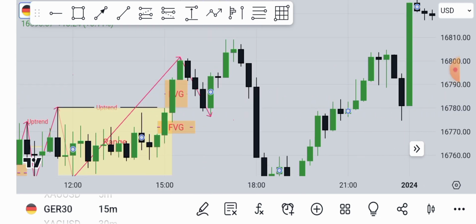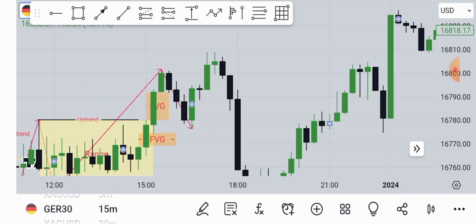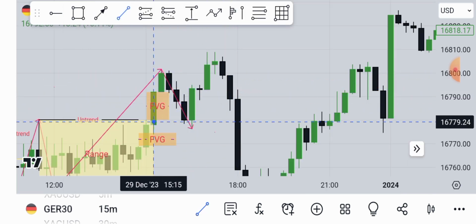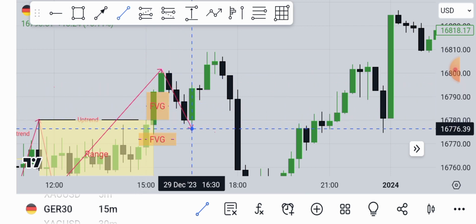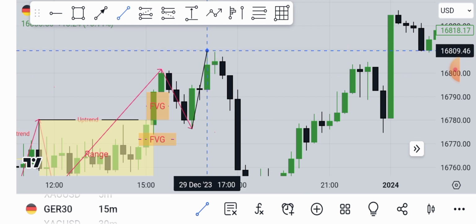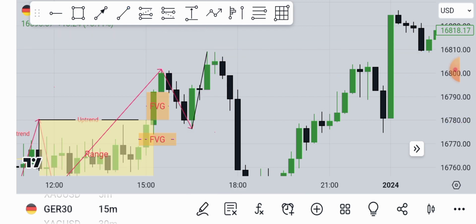See, and then it took out this FVG to correct it, came back to correct this FVG, then went back impulsively up to close there.